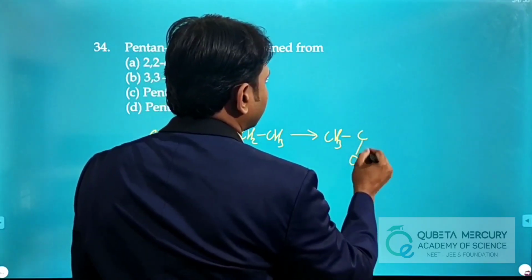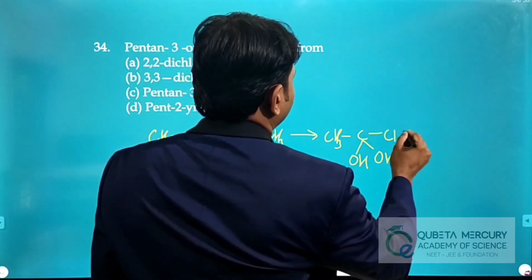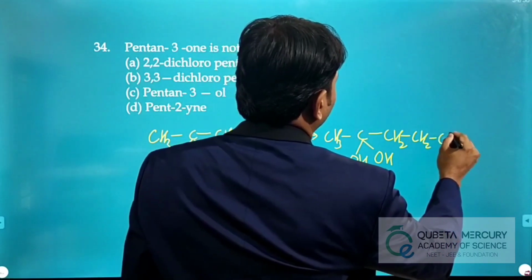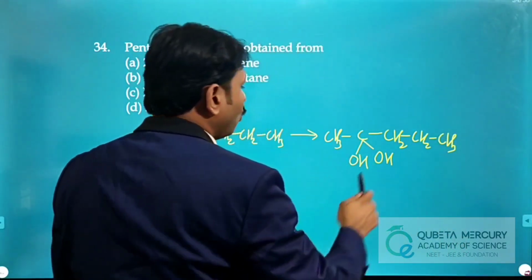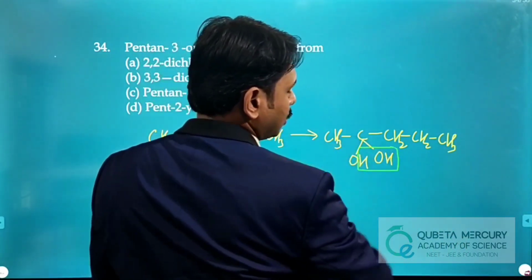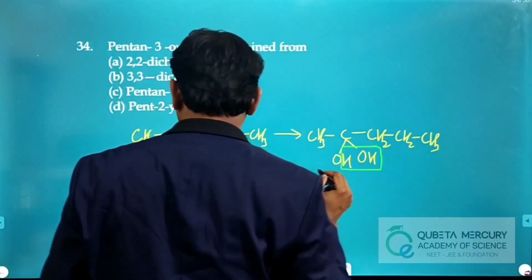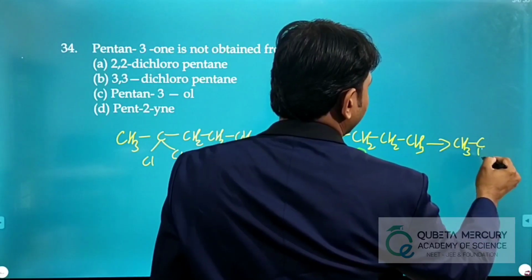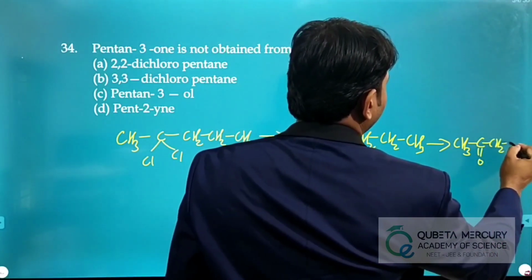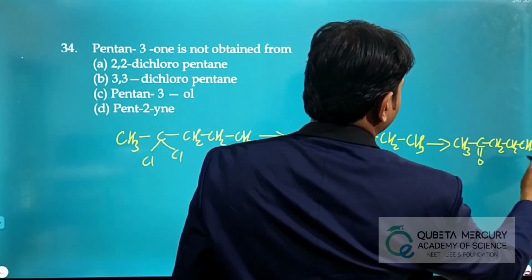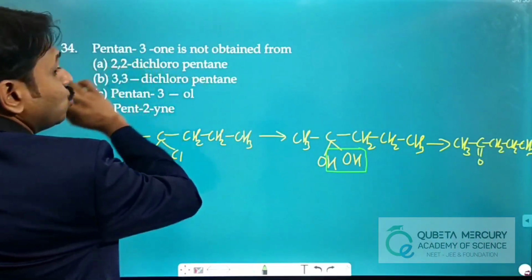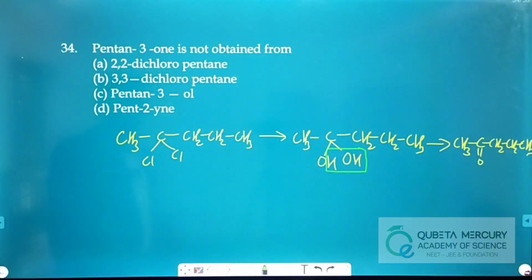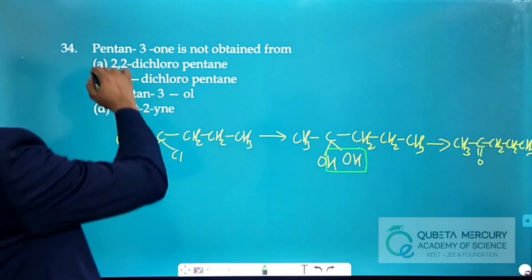I am writing that unstable product in the first step. Now a water molecule will be removed from here, and finally that changes into CH3COCH2CH2CH3. So it results in pentan-2-one. Yes, this is pentan-2-one, not 3-one. So this is the right answer.